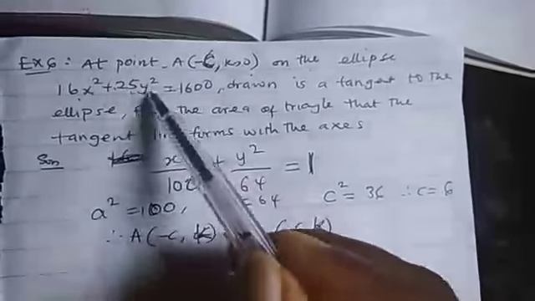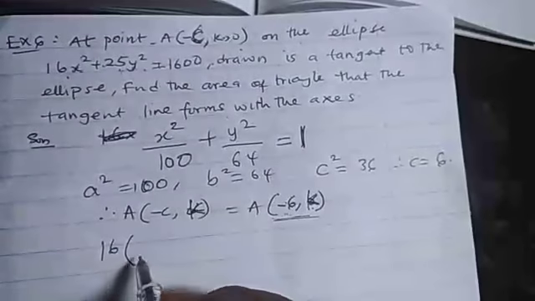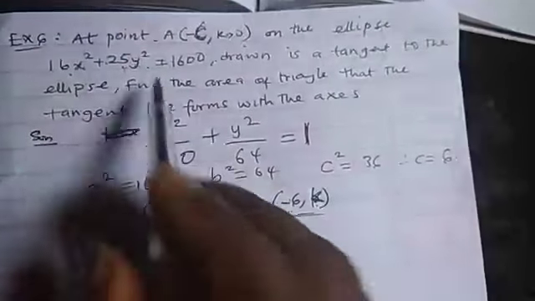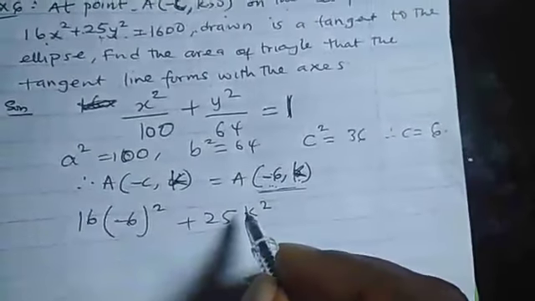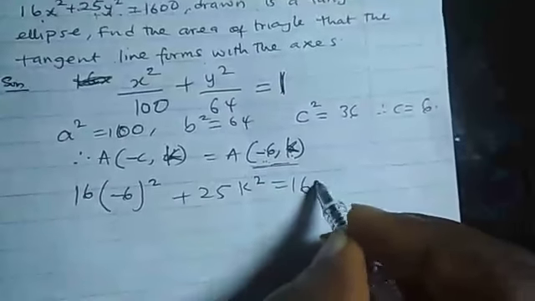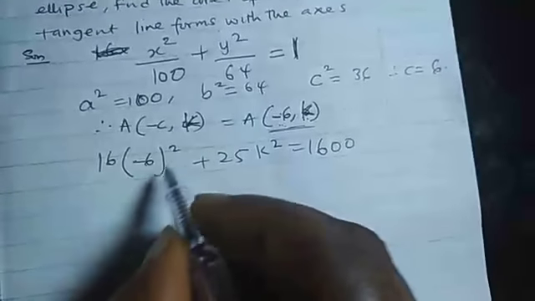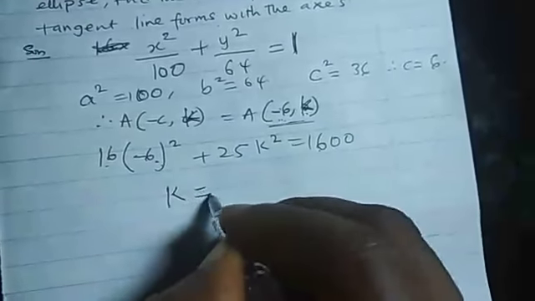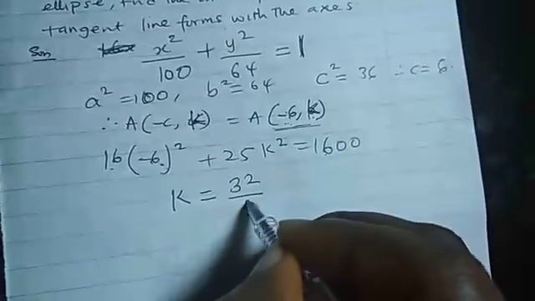This will represent my x inside this ellipse, and this one will represent my y. So in that case, I will have 16 into minus c square plus 25, our y is representing k, so we have 25 into k square, which is equal to 1600. So this one is now very easy for us to do. So this is 576 minus this minus this. Finally, if you simplify everything, we should have 32 over 5.